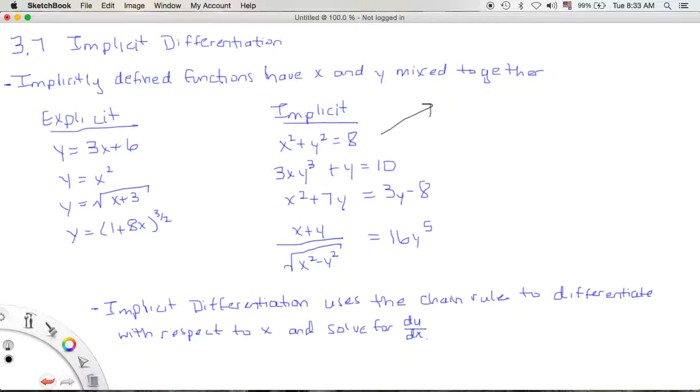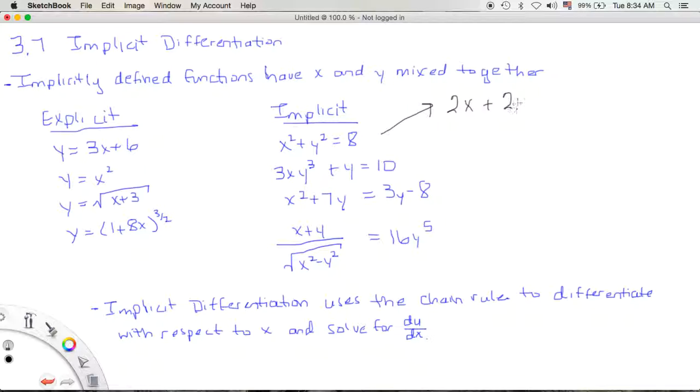If we want to take the derivative of this, we're taking the derivative with respect to x, knowing that y is a function of x. So we take the derivative of this part. The derivative of x squared with respect to x is 2x. And then the derivative of y squared with respect to x, we have to use our chain rule because y is a function of x.